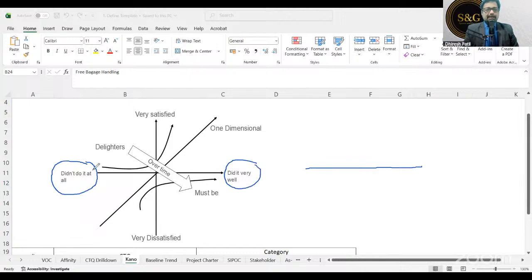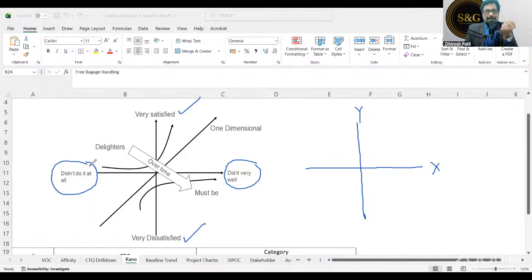That means on this end we haven't provided anything, and on the right-hand side we did it extremely well. On the vertical y-axis, the y-axis is satisfaction. The bottom is the customer is very dissatisfied, and the top is the customer is very satisfied or delighted. Clear? Have you understood this?